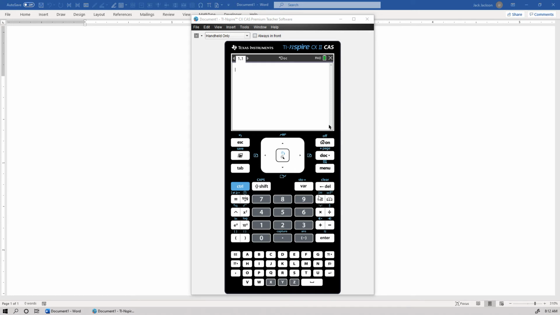So the way this works on the Inspire is we pull up our menu here and our templates, and you see the one for the integral right here. Click on that. The outer integral is going from 0 to 1, and that outer integral is with respect to x.